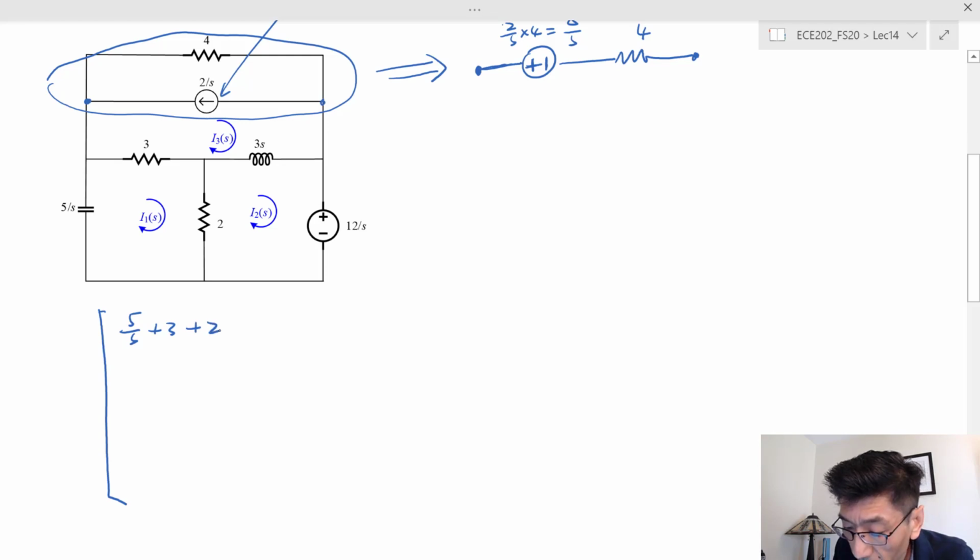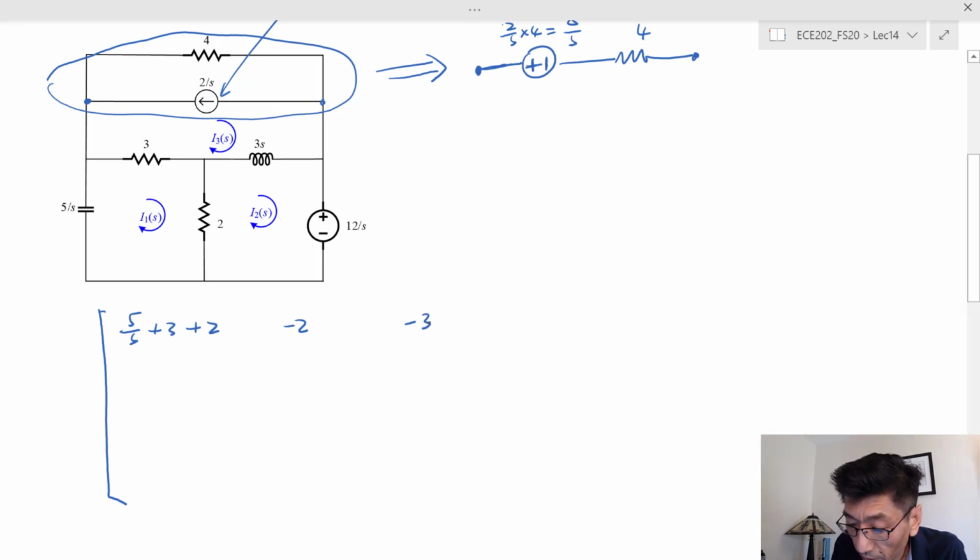The off-diagonal elements are shared by the meshes: negative 1, negative 2, and negative 3. So the 1,2 position is shared by mesh 1 and mesh 2, and the 1,3 position is shared by mesh 1 and mesh 3, that's negative 3, right?